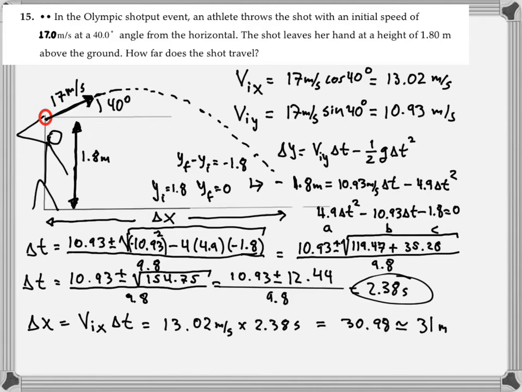So we plug in that the initial velocity in the x direction is 13.02. The time we just figured out is 2.38, and you multiply those two numbers, you get 30.98, and you can round that to 31 meters. So the answer for this problem is that the shot lands 31 meters away.